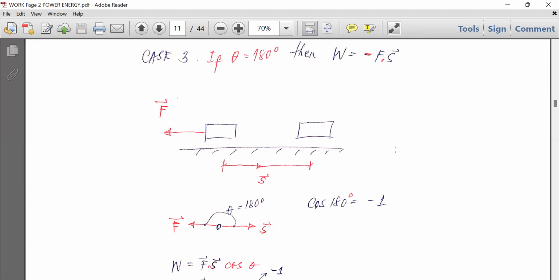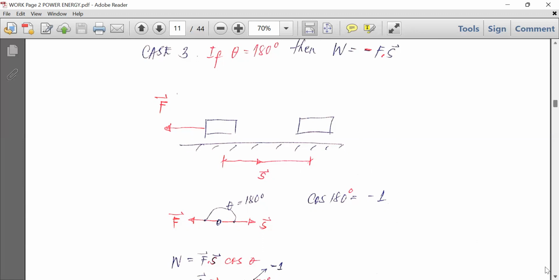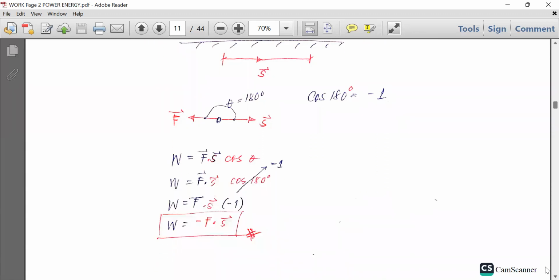If this is the case, the angle theta between them is 180 degrees, and we know that cosine of 180 is -1. Therefore, work is Fs cosine theta, so the work done is negative Fs. Here there is negative work done. So let's review. Case 1, same direction: positive work done. Second situation, force and displacement perpendicular to each other: no work done. In this case, opposite direction: there is work done, but it's negative work, on this object.